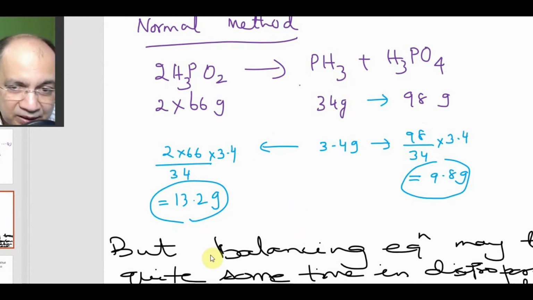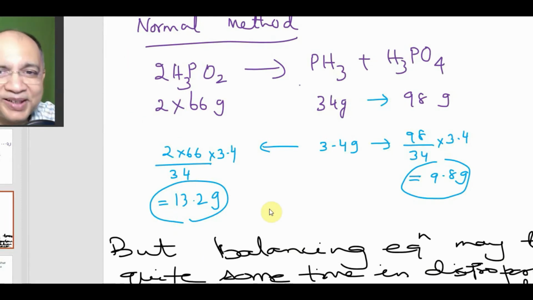But balancing the equation may take some time in disproportionation. Here it is an easy one, but in others, if you have not remembered the coefficients, you take quite some time. Less time than that will be required for solving the problem by POAC.